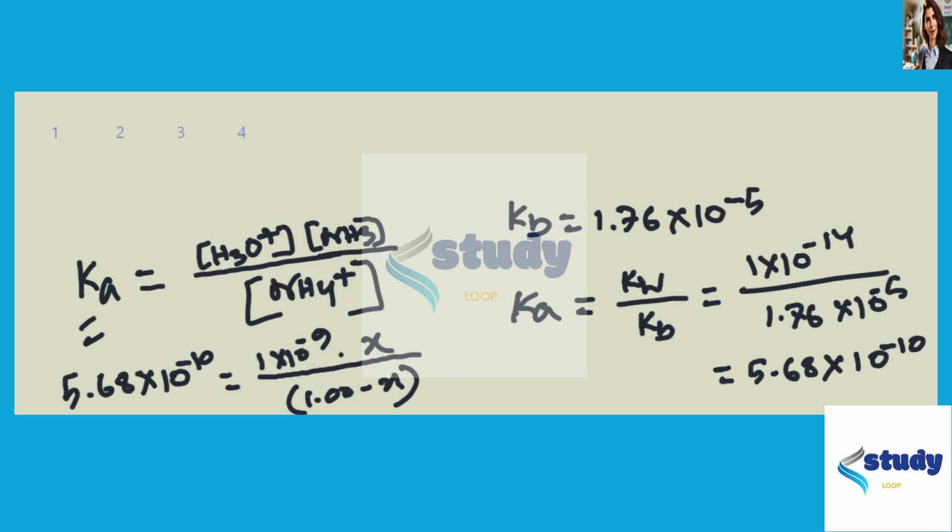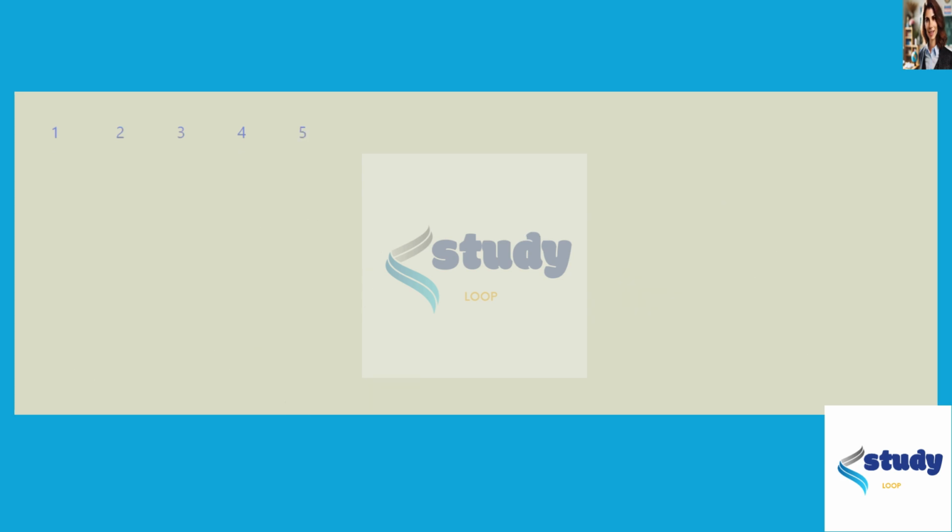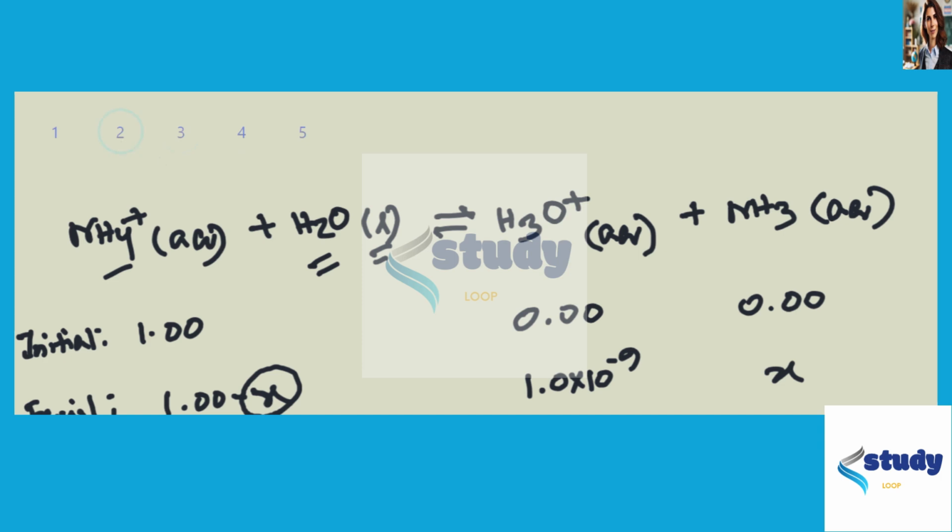Now if we solve this equation, we will have the value of x as 0.36. So this is the concentration which we are getting dissociated from NH4+ in presence of magnesium hydroxide.